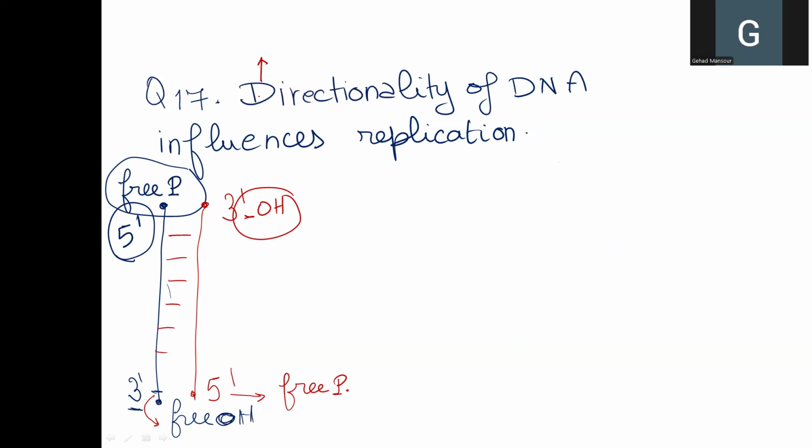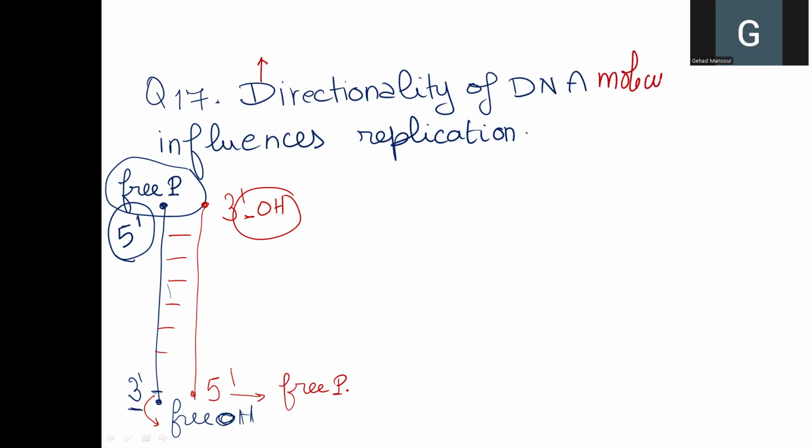But you can talk, of course, about the directionality of a single strand of DNA. This means that it has a 5 prime end where there is a free phosphate and a 3 prime end where there is a free hydroxyl. And you can also talk about the directionality of a DNA molecule.